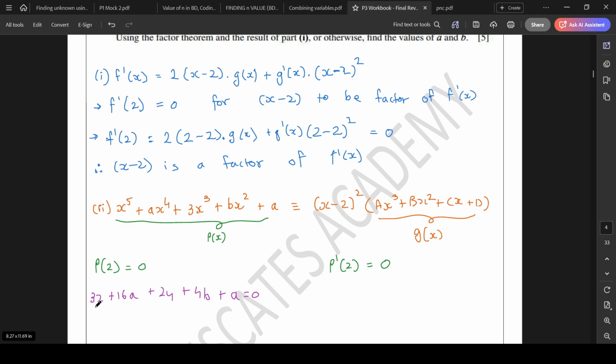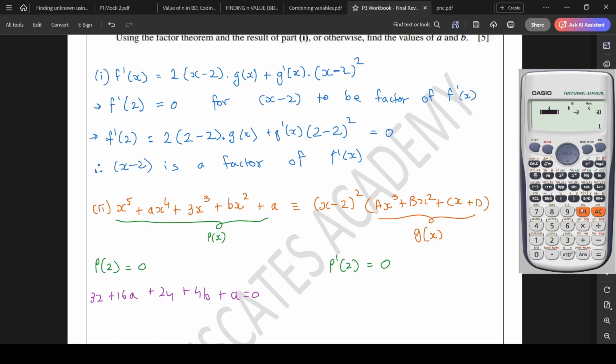If I simplify this, 32 plus 24, let me use my calculator, is 56. So 17a plus 4b is equal to minus 56.